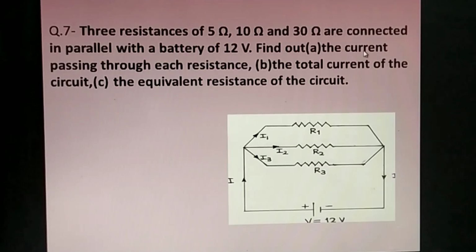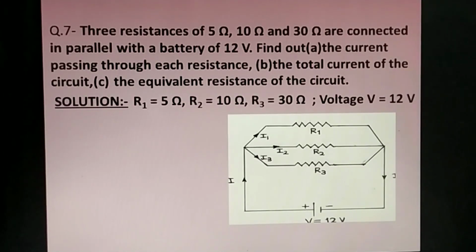Find out the current passing through each resistance. हर एक resistance में कितना current जाएगा. It means you have to find out the I1, I2 and I3 and the total current. तो जो हम इन सबको find out कर लेंगे तो उसका total and the equivalent resistance of the circuit. तो three things we have to find out in this.